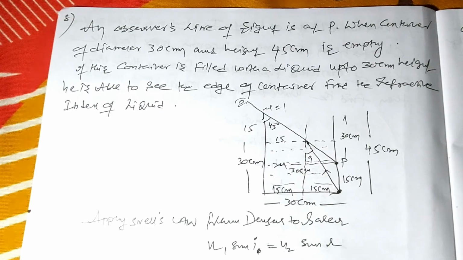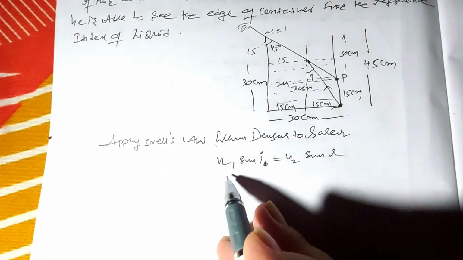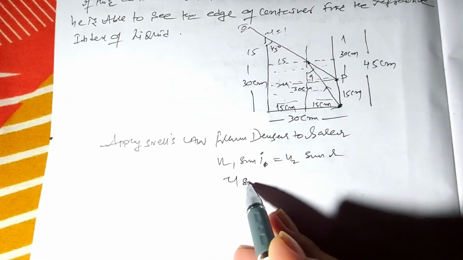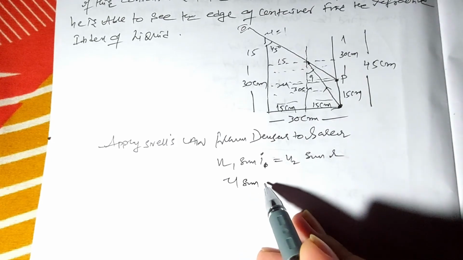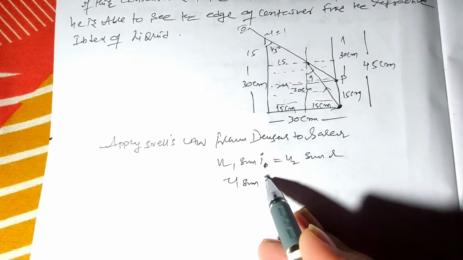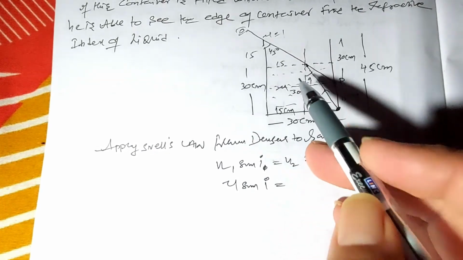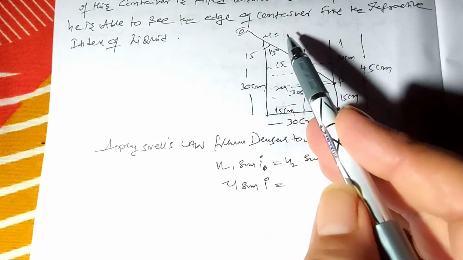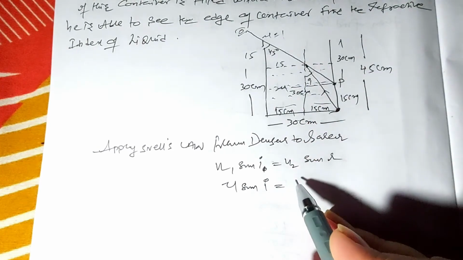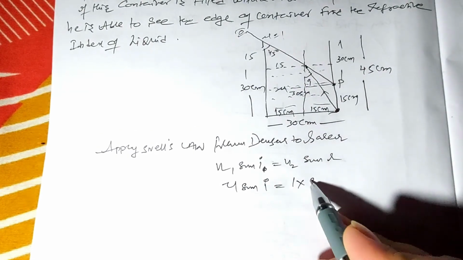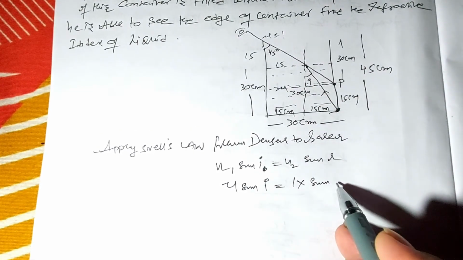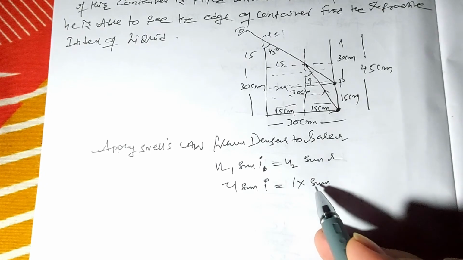The refractive index of the water medium is mu, so mu sin i is equal to the refractive index of air, which is 1, into sin r.